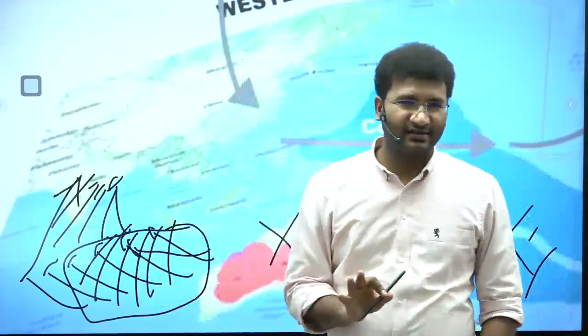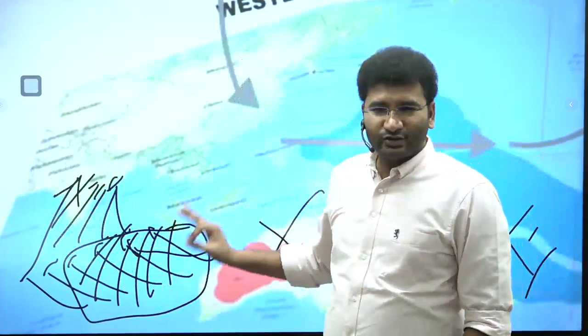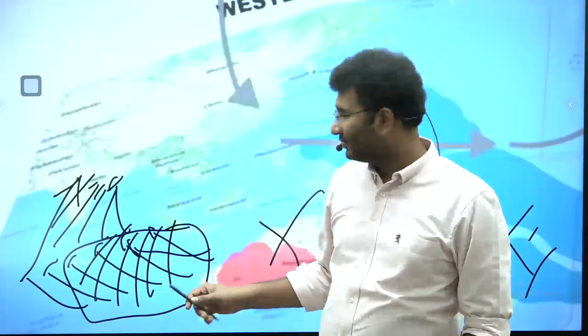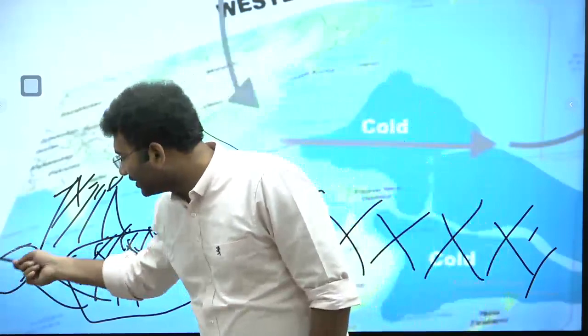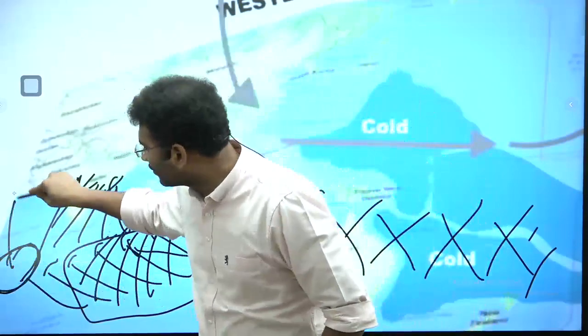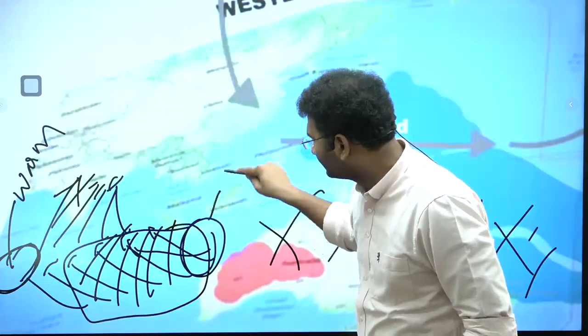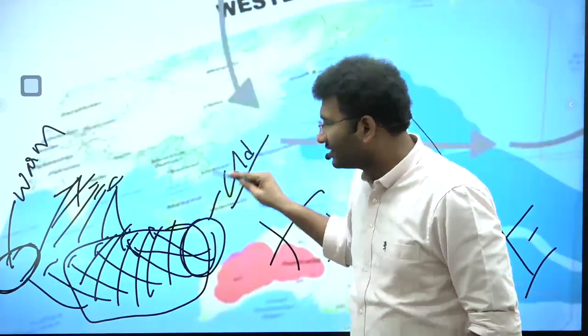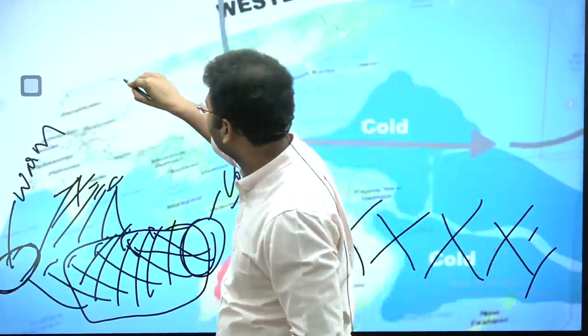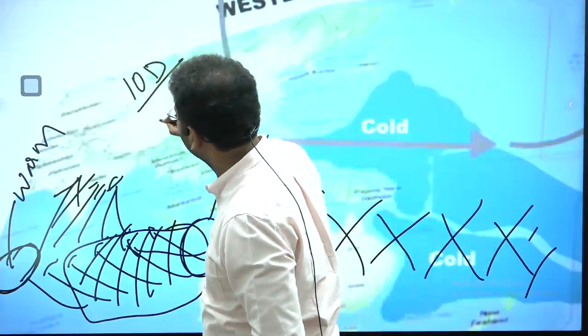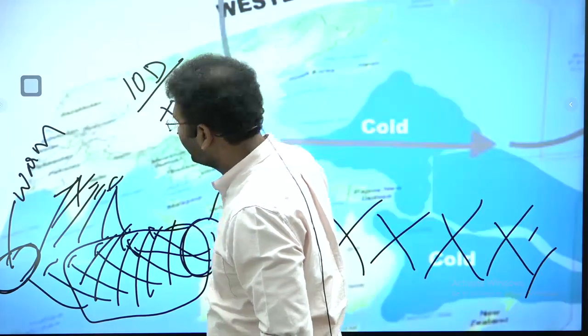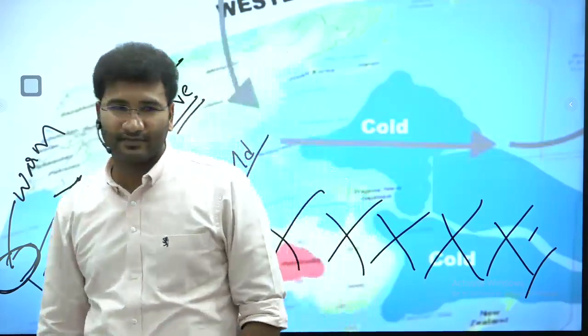At least. Theek hai? Ye jo condition hai jahaan pe equatorial regions of the Indian Ocean, when this is warm and this is cold, this is called Indian Ocean Dipole positive.